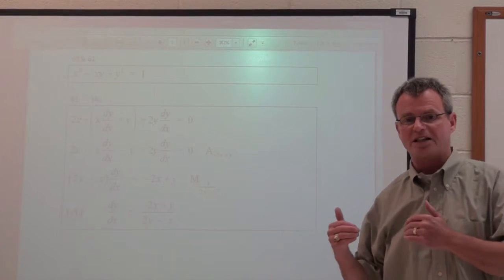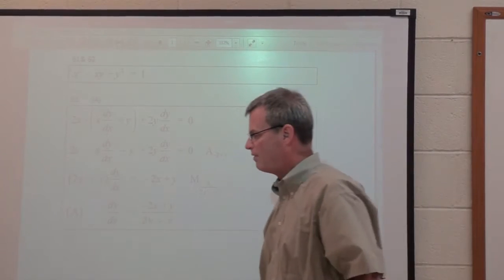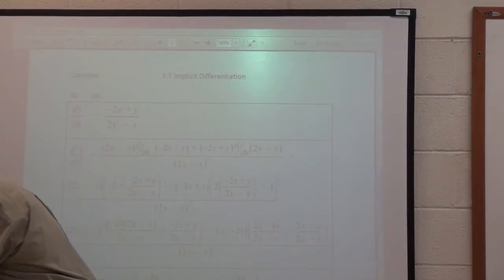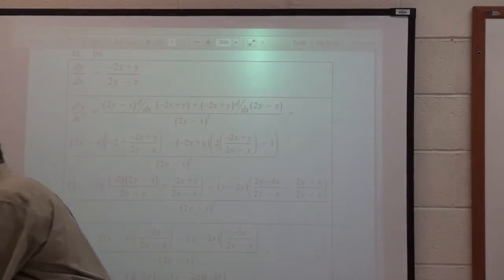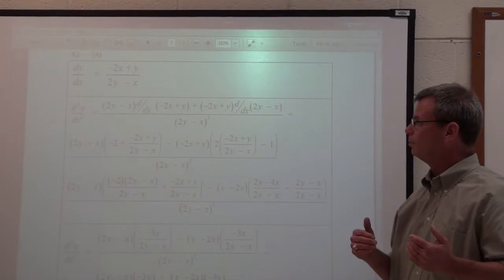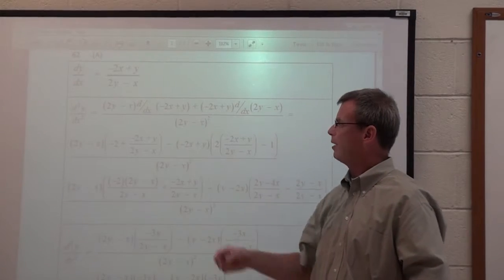And 62 is asking you to differentiate that. So to get the second derivative, we have to do the quotient rule. So we take the denominator and square it.